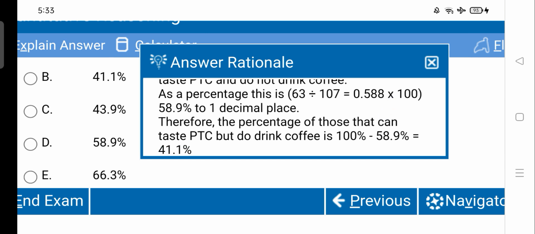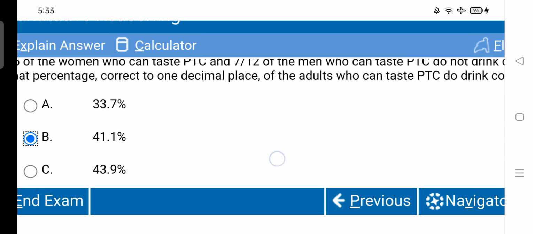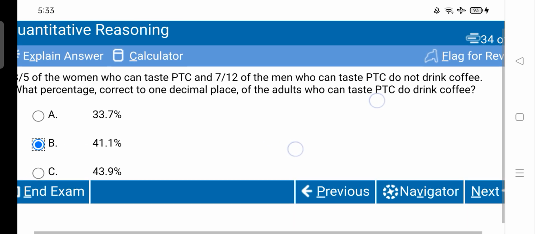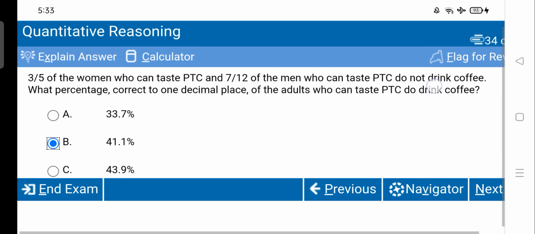Therefore, the percentage of those that can taste PTC but do drink coffee is 100% minus 58.9% equals 41.1%. So the correct response is option B, 41.1%, correct to one decimal place, of the adults who can taste PTC and drink coffee.